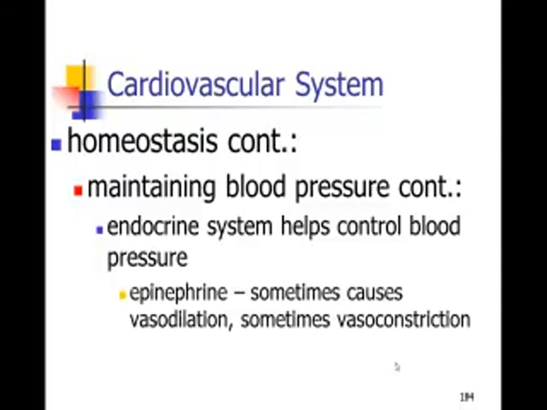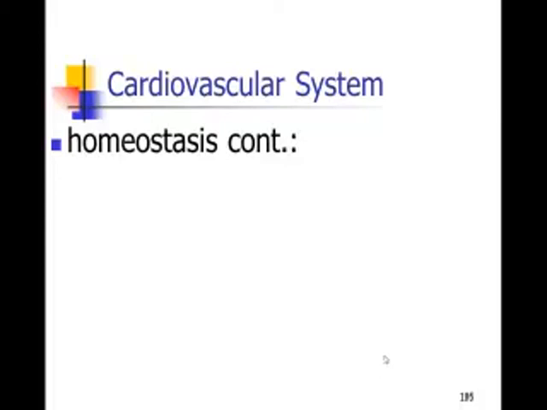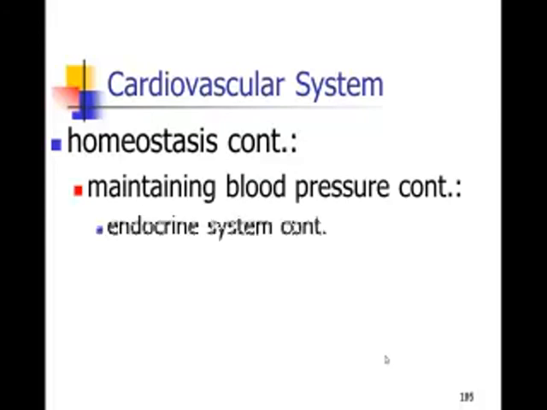So some vessels dilate and some vessels constrict, and there has been an evolution of adjusted responses that maximize benefit. Norepinephrine causes vasoconstriction. Norepinephrine is usually synergistic to epinephrine, not always, but usually. And remember, those are both released by the adrenal glands.